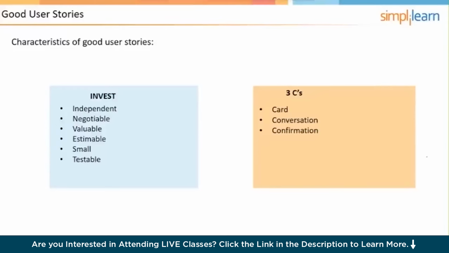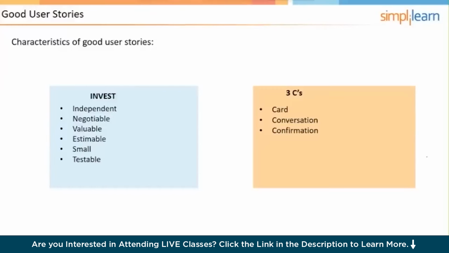So the product owner can't make it so detailed that there's no room for discussion and the possibility of the team coming up with solutions other than what the product owner was attempting to dictate. V stands for valuable, meaning each user story has to create value for the customer or the end user.